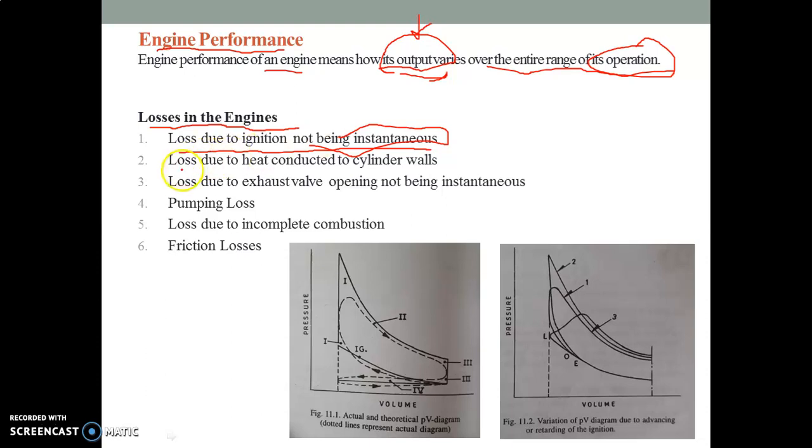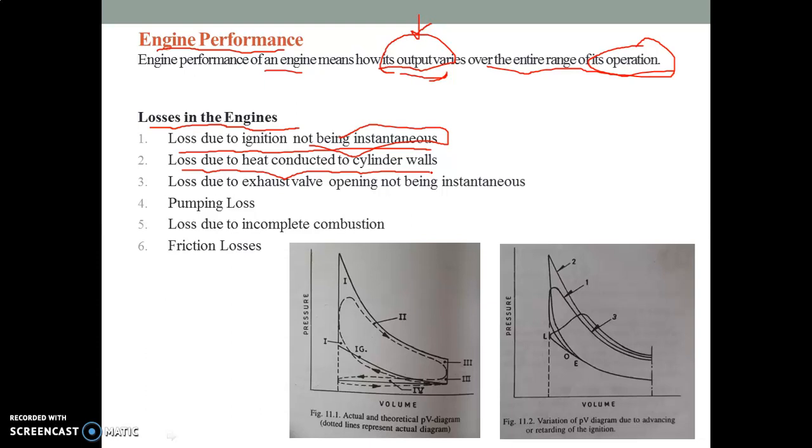The second loss we will consider is due to heat conducted to the cylinder walls. During the power stroke, the walls of the cylinder being cooler than the products of combustion inside, transfer of heat takes place to the walls and then to the atmosphere through the coolant.